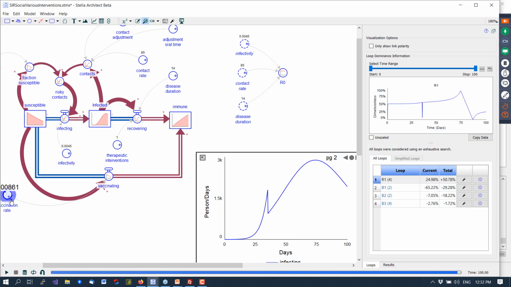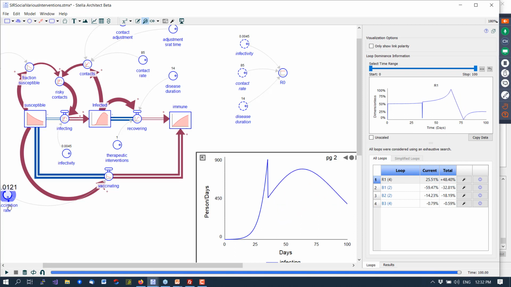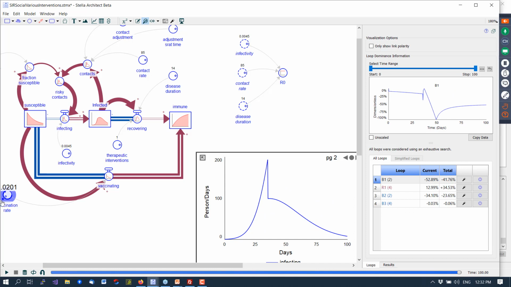And a couple of interesting notes on the vaccination. Obviously, there is no vaccine. But if you want to really change the course of a disease during an epidemic, the vaccination rate has to be pretty astonishingly high. We can almost take care of this whole thing by vaccinating 2% of the population every day.